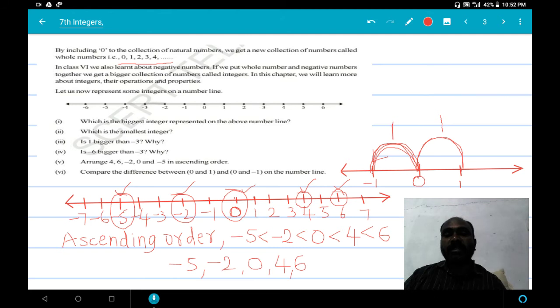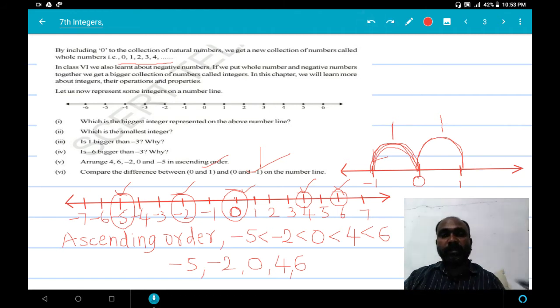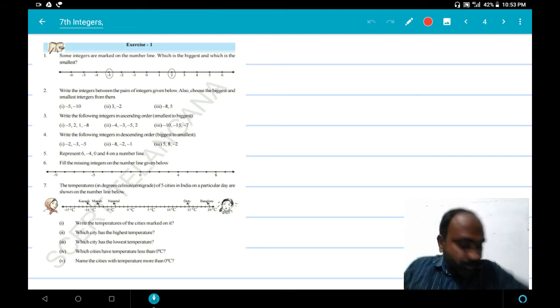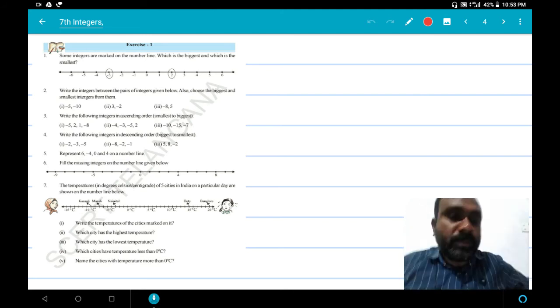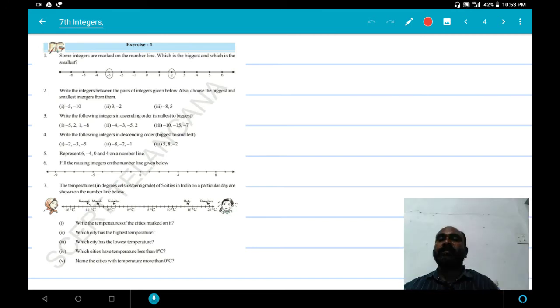So the difference between 0 and 1 is 1, and the difference between 0 and minus 1 is also 1 from the number line. Okay, I hope you will complete this one. You will answer it.